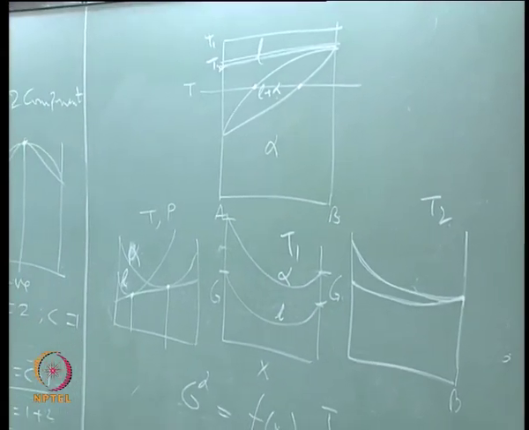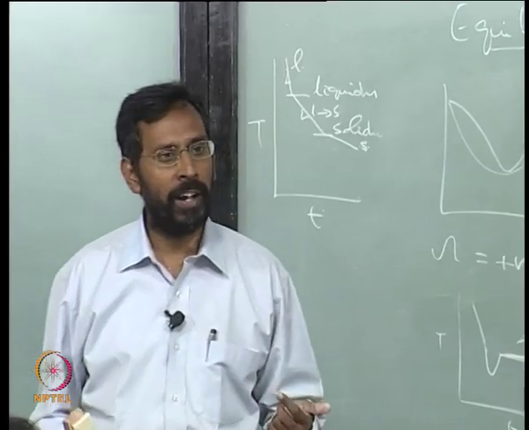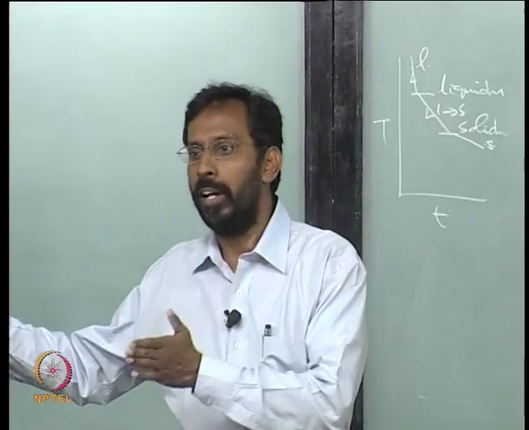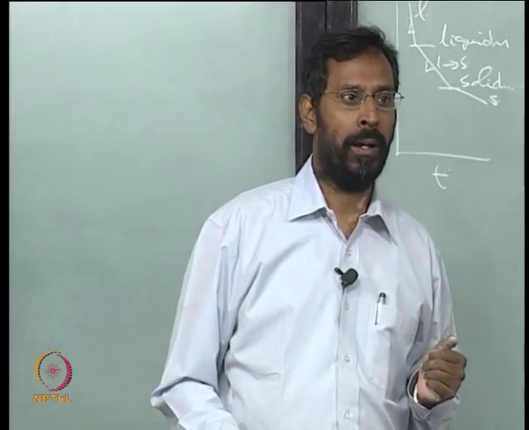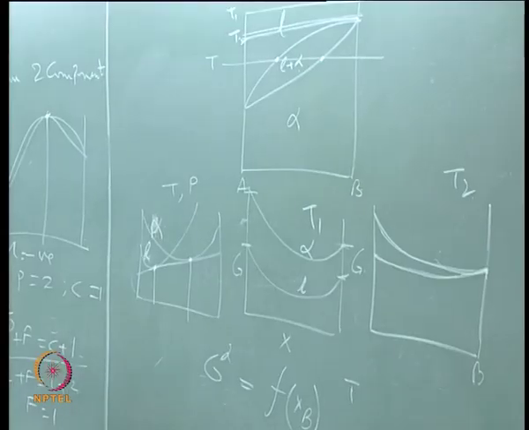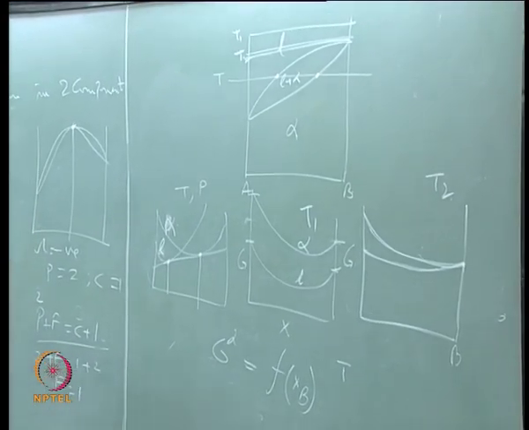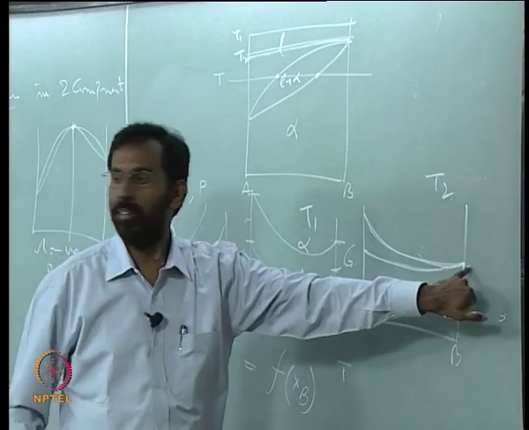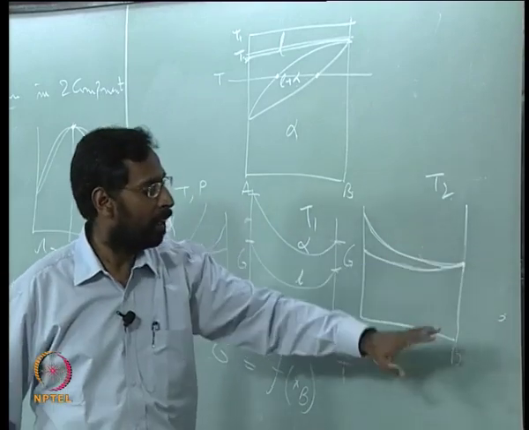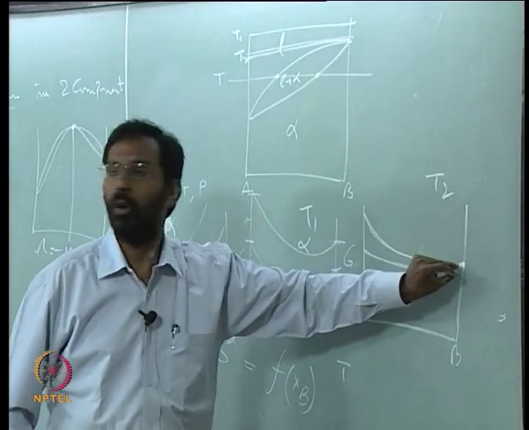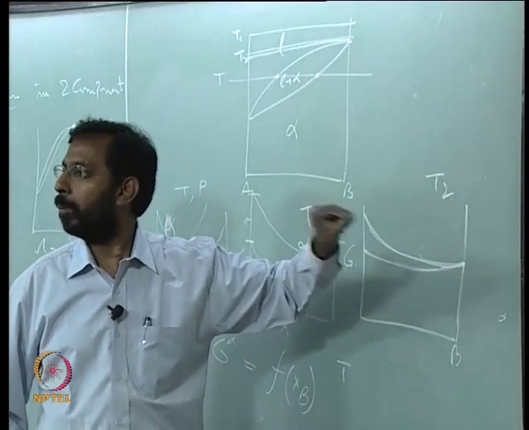Remember, for a pure component, equilibrium is defined in terms of equality of free energy. In a multi-component system, equilibrium is not defined in terms of equality of free energy, it is defined in terms of equality of chemical potential. So, you can see that is the moment you see at pure B that these two come together and become equal.